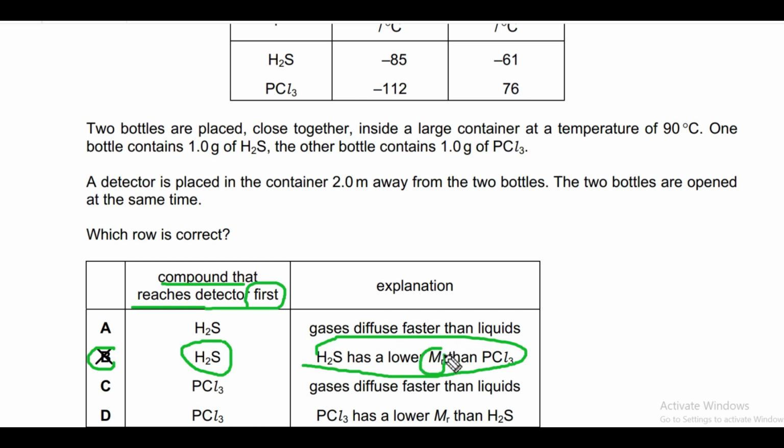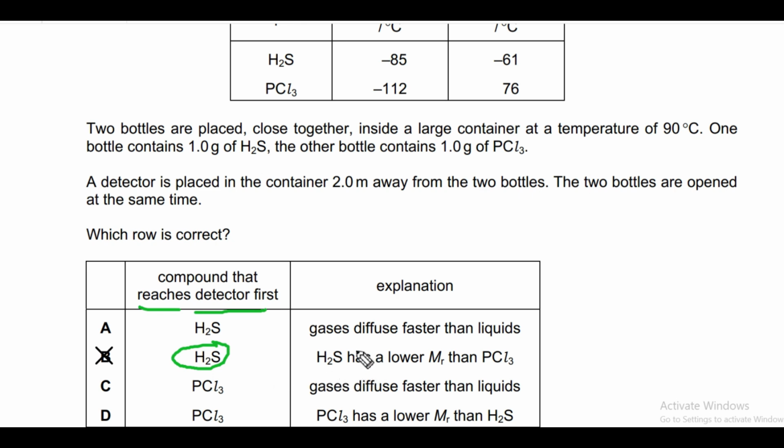If relative molecular mass is lower, diffusion will be faster. That's why hydrogen sulfide reaches the detector first. So B is the right answer.